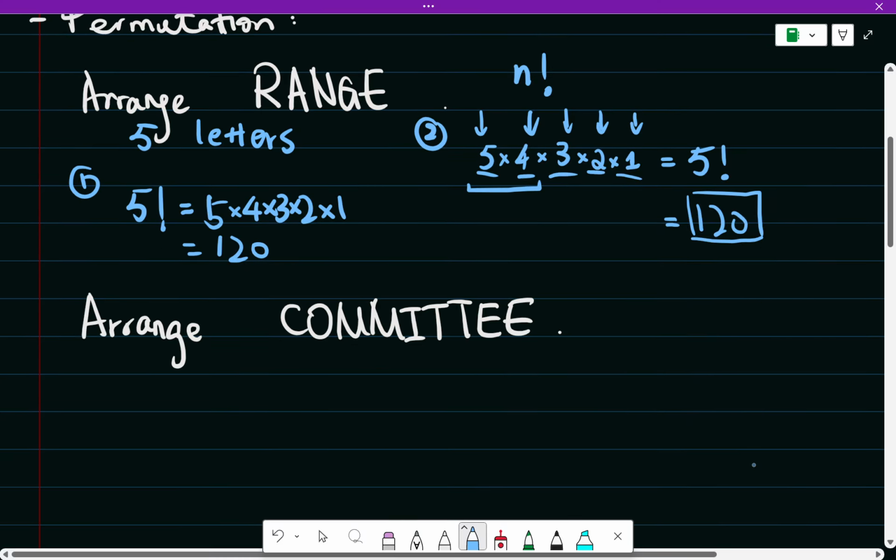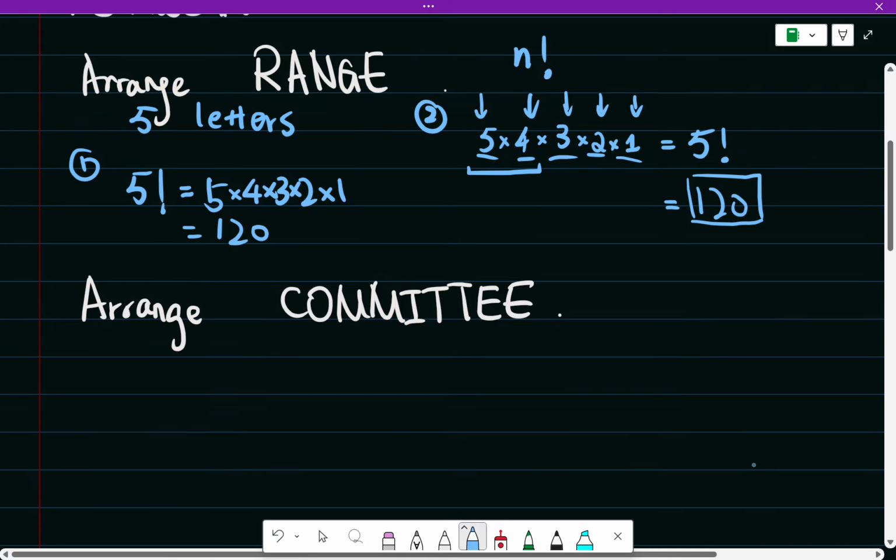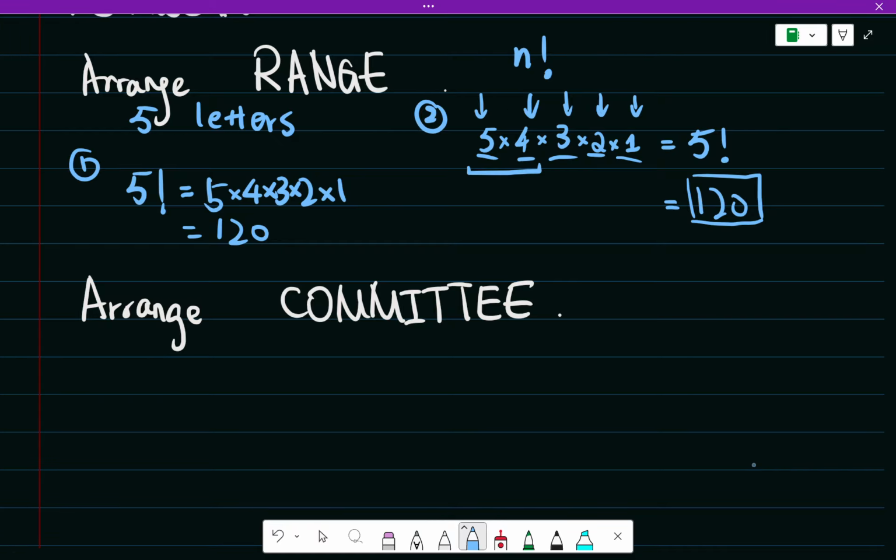The second type of question is ARRANGE COMMITTEE. We need to use all of the letters and see how many distinct arrangements can be out there. So we have C, O, 2 M's, I, 2 T's, 2 E's. So in total, we have 9 letters. So we're making a 9-letter word. But in this question, we need to recognize that we have some repeating letters.